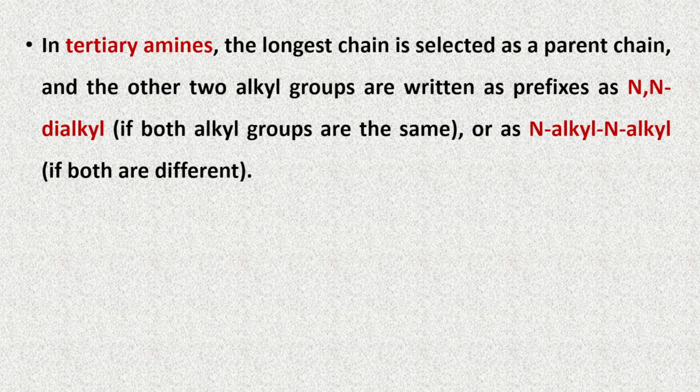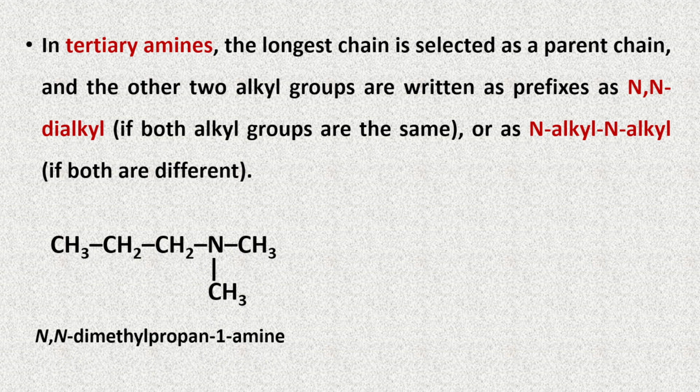In tertiary amines, there are three alkyl substituents. First, the longest chain is selected as the parent chain, and the other two alkyl groups are written as prefixes, as N,N-dialkyl if both of them are the same, or N-alkyl if the two substituents are different.